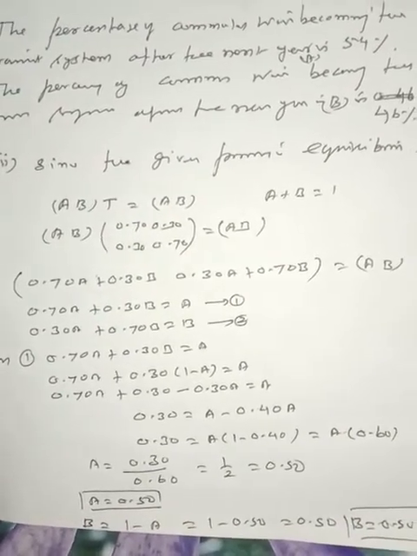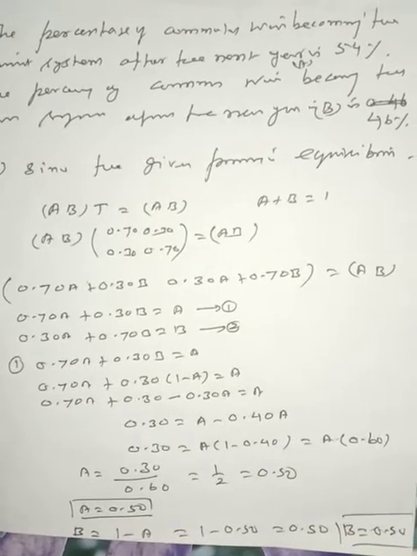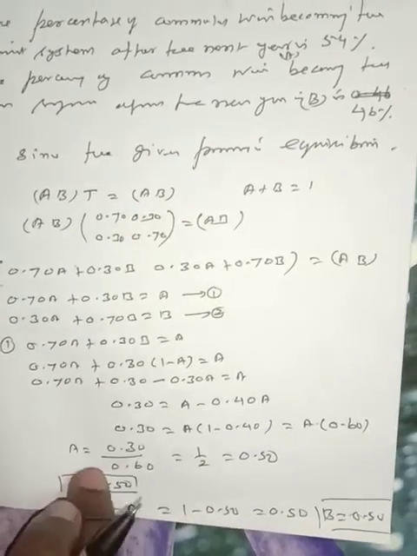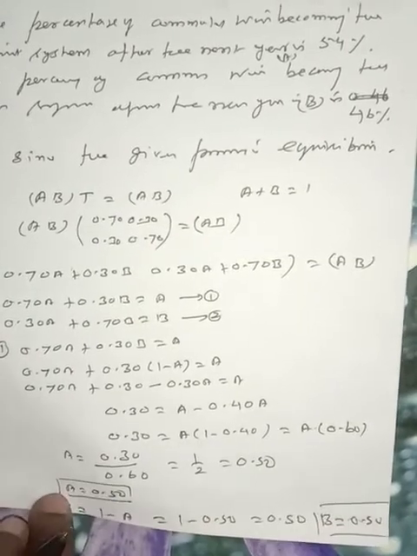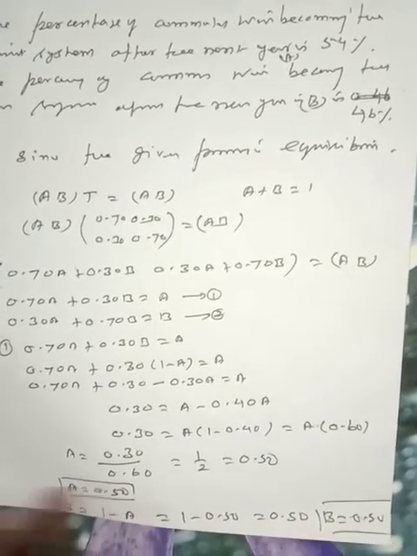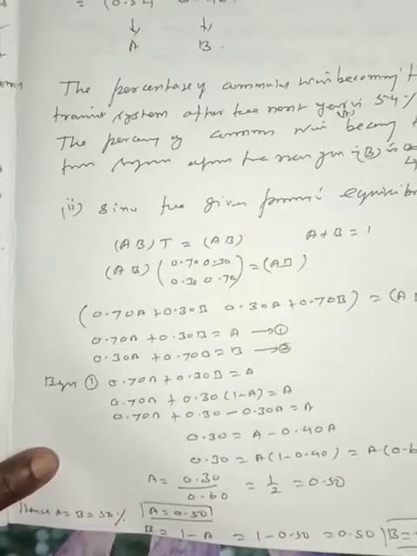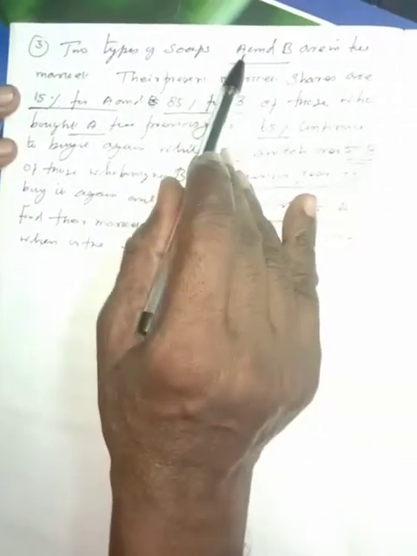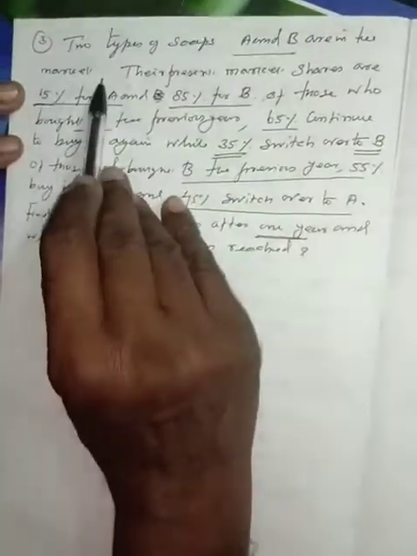In this case, what percentage of commuters will use the transit system in the long run? In the long run, A is equal to B is equal to 50%, 50%. So equilibrium case: 50% are in the market.